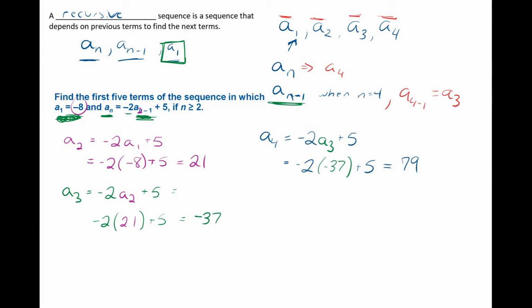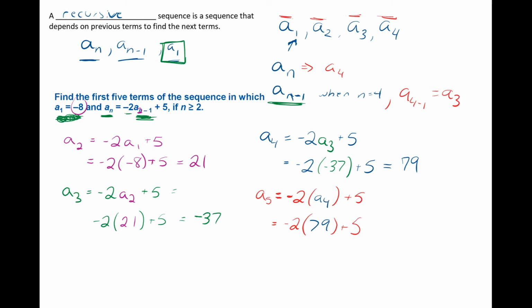All right, and then the fifth term of our sequence. A sub 5 is equal to negative 2 times the term before it, so a sub 4, plus 5. Plugging in for a sub 4, it's equal to negative 2 times 79, numbers are getting pretty big here, plus 5.